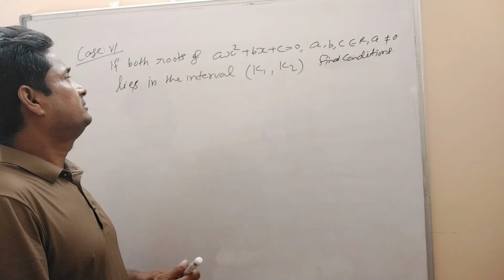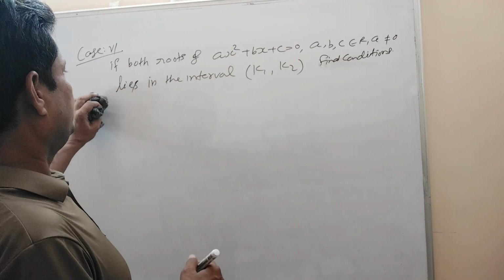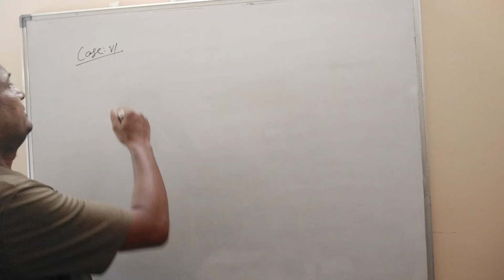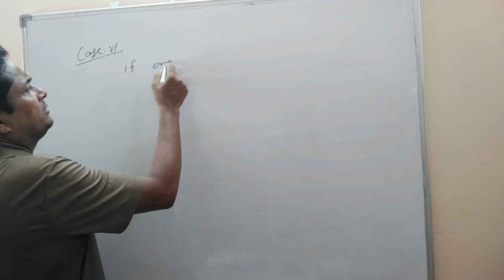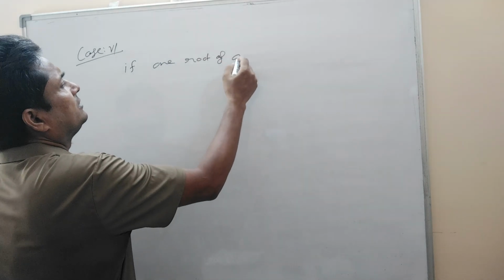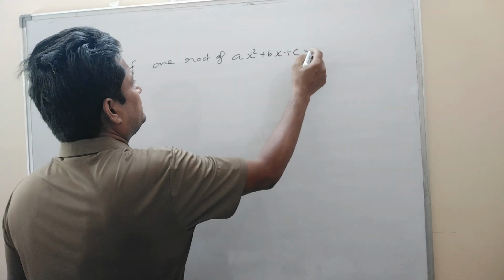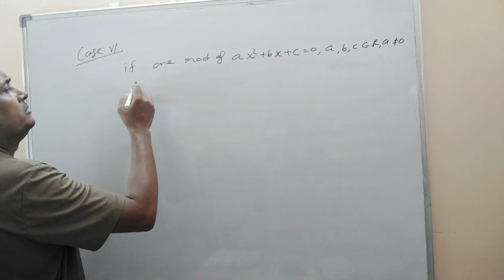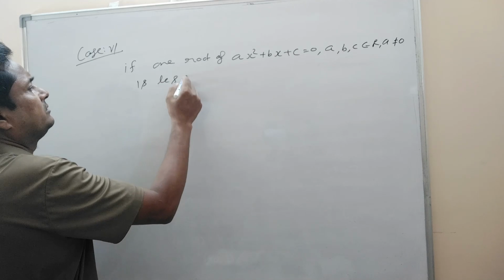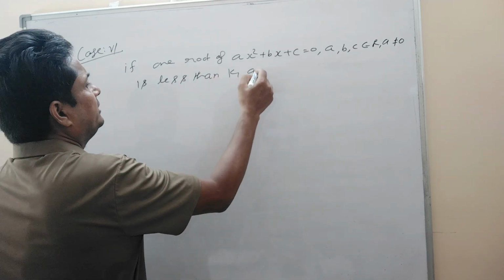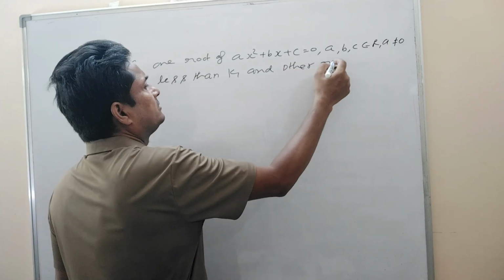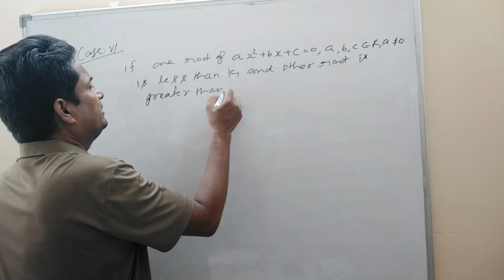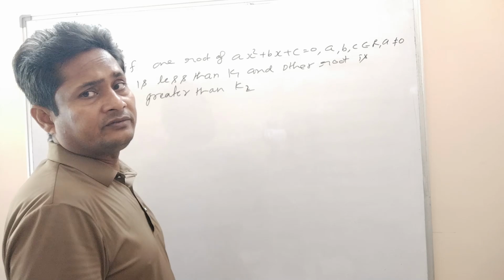Next case can be that if one root of ax square plus bx plus c is equal to 0, where a, b, c belong to real numbers and a does not equal 0, if one root of this is less than k1 and the other root is greater than k2, then find the conditions.